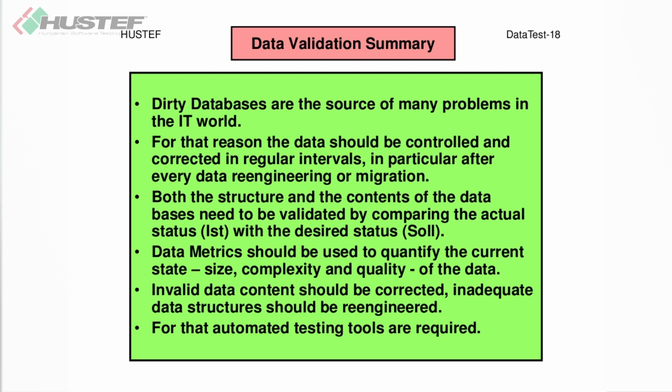So both structure and contents of the data need to be validated by comparing the actual status with what it should be. And what it should be, the simplest case is it should be the same as the data was before the migration. They're just comparing field for field, but this is the simplest case. And if the fields change, and there's a rule for changing the field, then you have to use this rule to check the data.